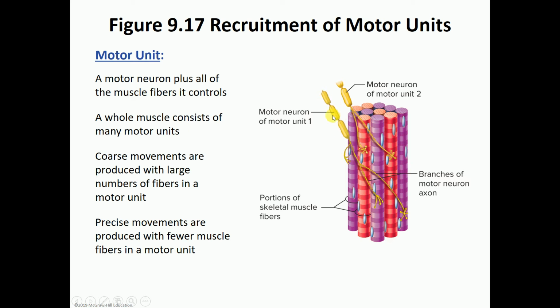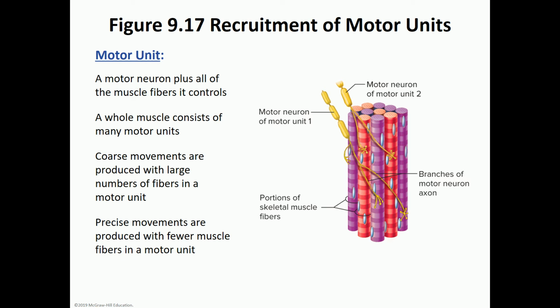So this motor neuron innervates all of these purple fibers. The second one, motor unit 2, has this one motor neuron that innervates all of the red ones. Each motor nerve has the ability to innervate more than one muscle fiber. When you add up the motor nerve plus the muscle fibers that are innervated by that nerve, that is what we call a motor unit.